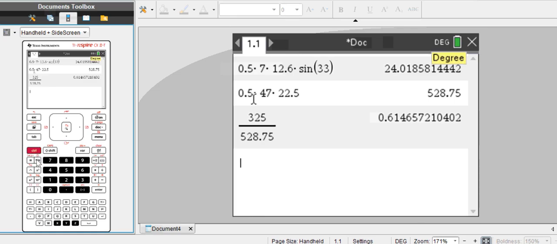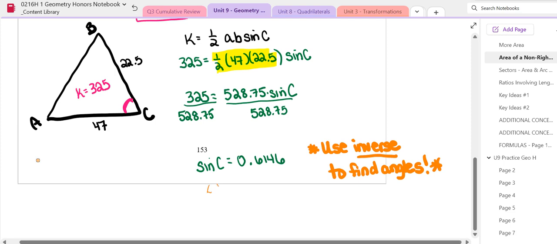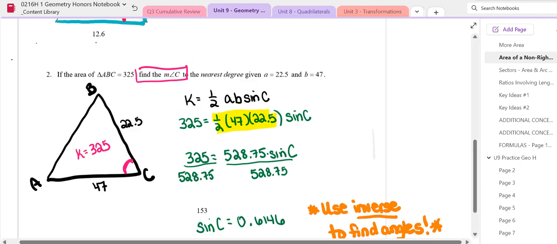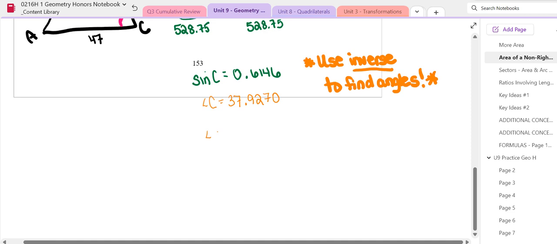And again, note that as I plug this into the calculator, I'm using all of the digits in my calculations, even though I'm only writing 4 of them down on the paper. So angle C here is 37.9270. And they're asking us here to round to the nearest degree. So to the nearest degree, I like 38 degrees.